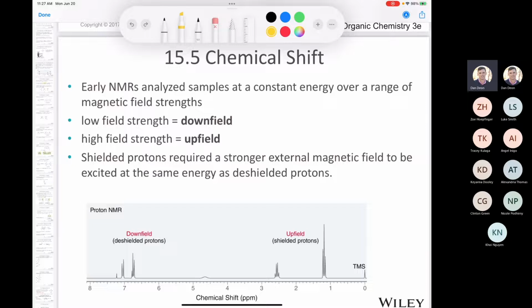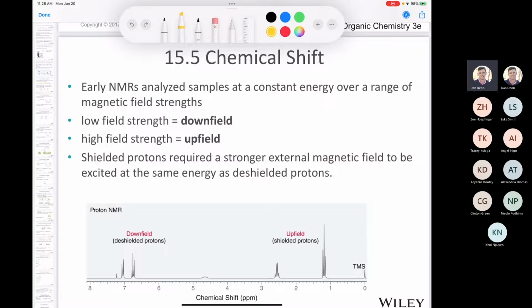They had an old one in the department, and I don't even know if I ever saw it used. I saw the actual spectrometer, but what they did in the first spectrometers is that they held the frequency constant. So they had a constant frequency of electromagnetic radiation, and then they varied the magnetic field strength.